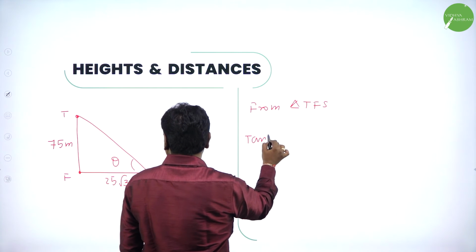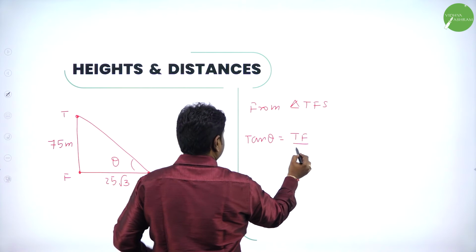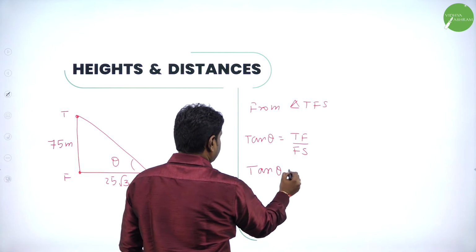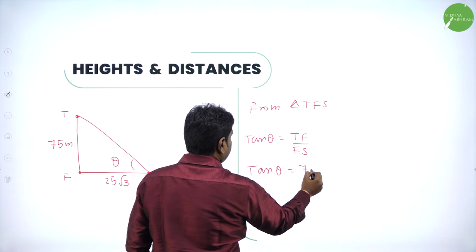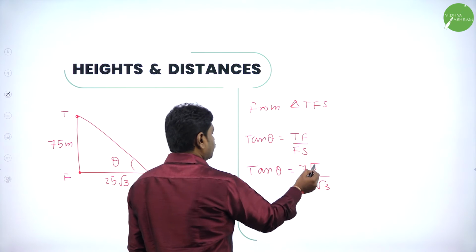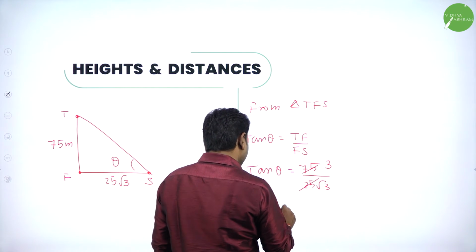Tan theta is equal to TF, the opposite side, divided by the adjacent, that is FS. So tan theta is 75 divided by 25 times root 3. 25 ones are 25, 25 threes are 75. So now the answer is 3 by root 3.